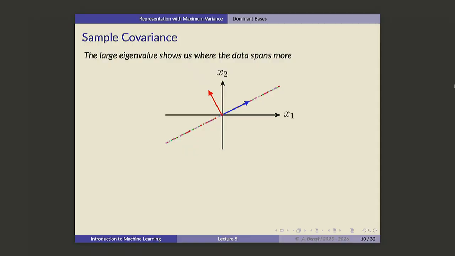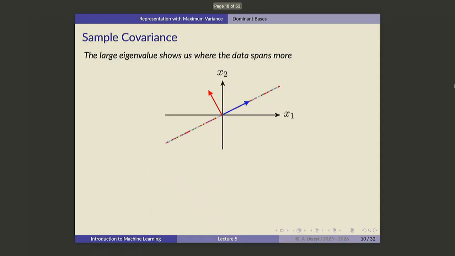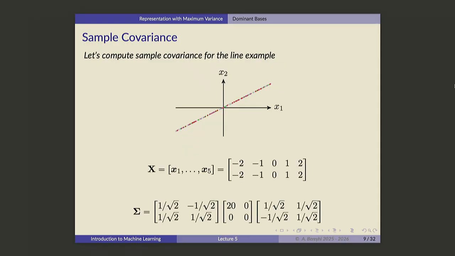The key point here is that when every single data point was on this line, I compute the sample covariance and decompose it, and I get two eigenvectors. One of those eigenvectors lies exactly on the line that I want. The other one is orthogonal to that. The one lying on that line has the large eigenvalue 20, and the orthogonal one has eigenvalue 0.